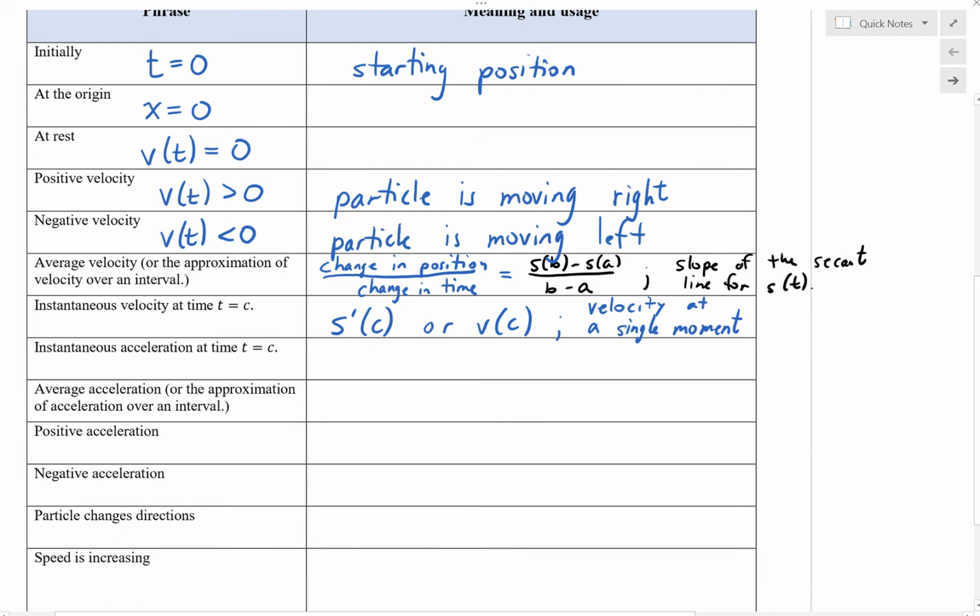Instantaneous acceleration at t equals c is s double prime of c, or a of c, depending on how we name the function, and that's the acceleration at a single moment.